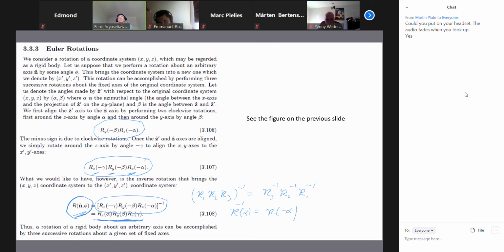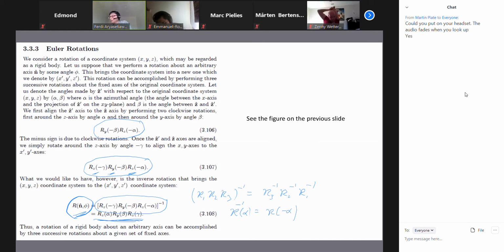Instead of figuring out the rotation for any given rotation, which is quite complicated, we just have to worry about rotation about the y-axis. So this is the Euler rotation, and we will come back to this later.